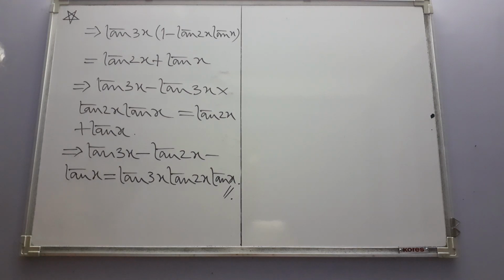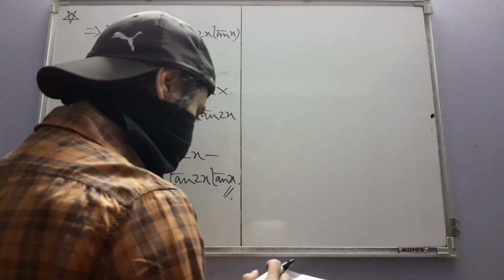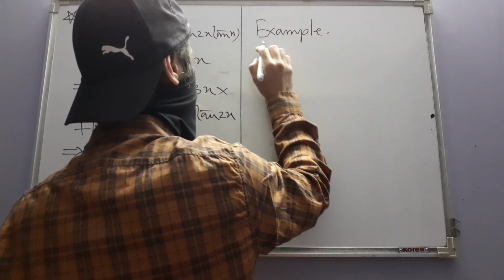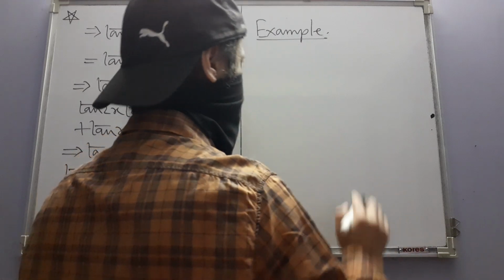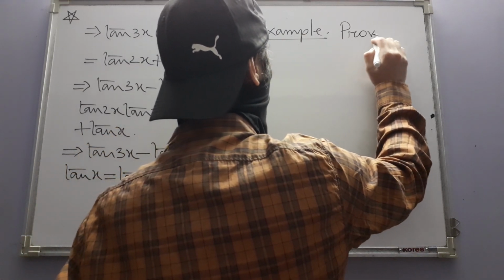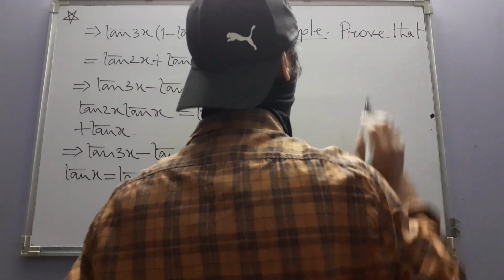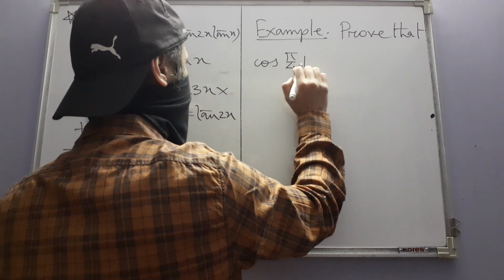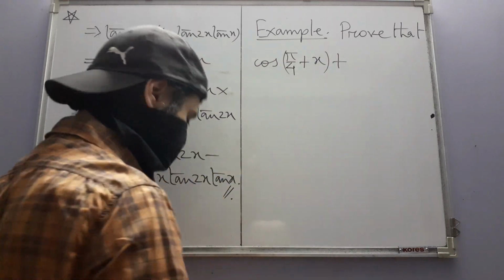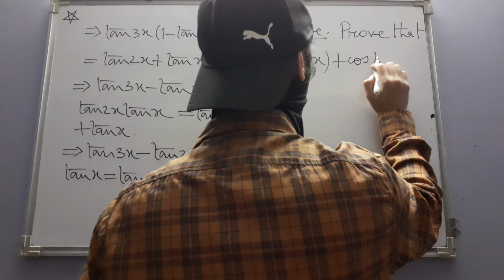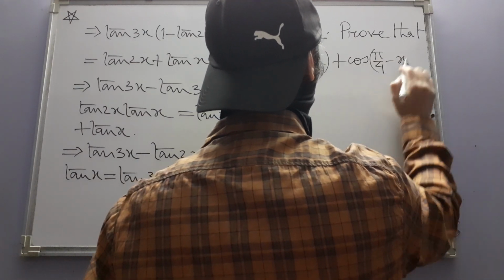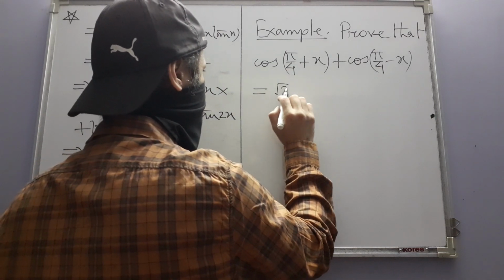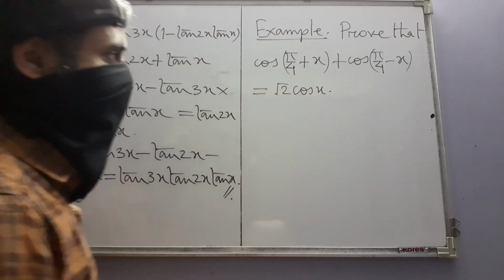Next, prove that cos pi over 4 plus x plus cos pi over 4 minus x is equal to square root of 2 cos x.